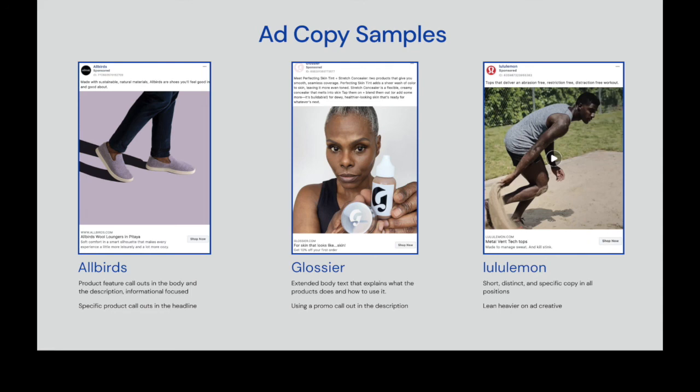They use actually a lot of user generated content in their ad creative, and it does incredibly well. But here they've got a little bit more of an extended body text that explains what the product does and how to use it. If you're unfamiliar, Glossier is a makeup and cosmetics company, and they do a lot of skincare and different things of that nature as well.